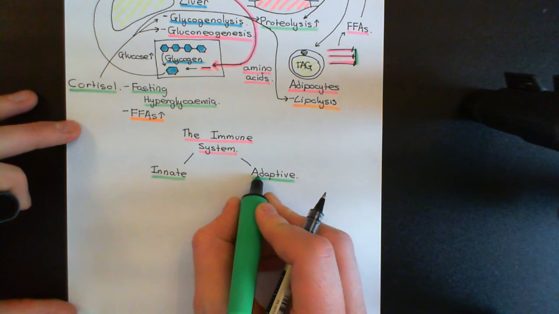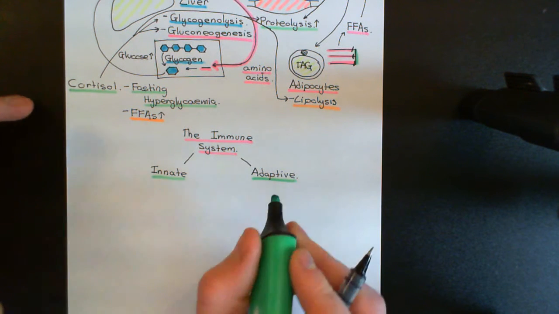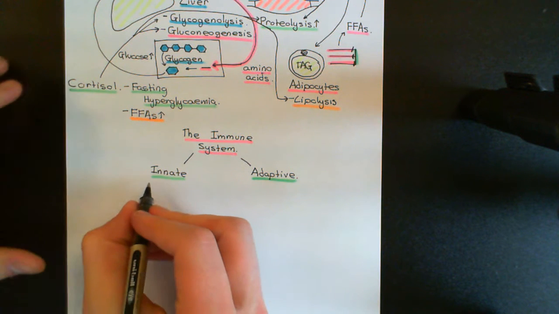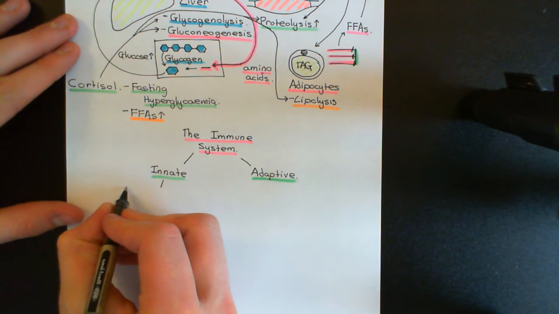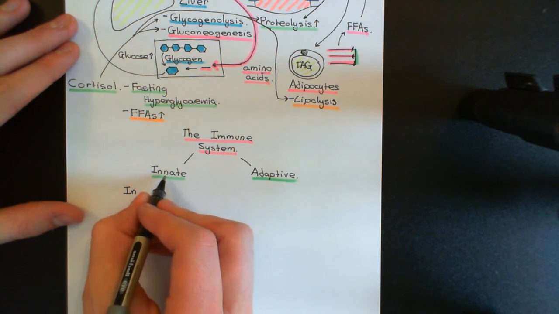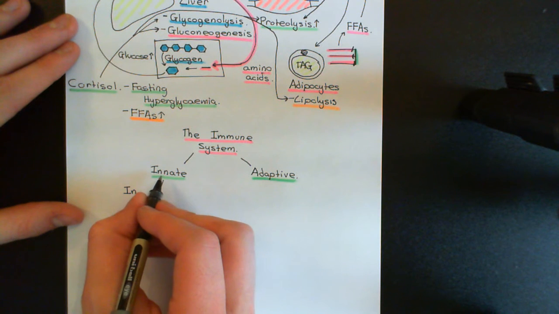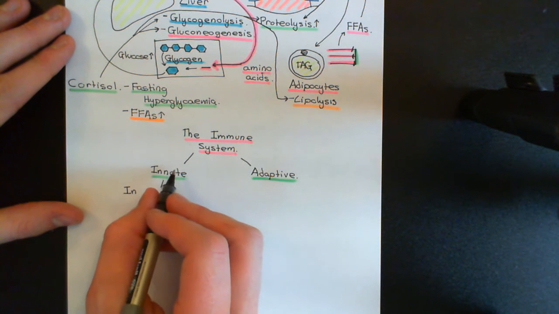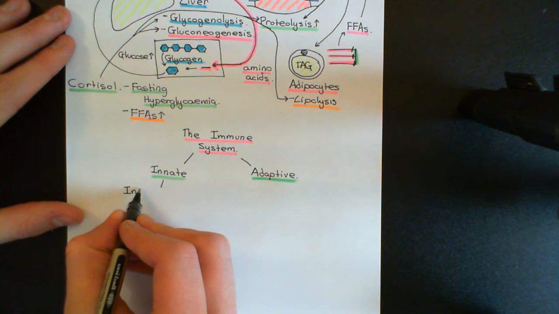So let me just go over briefly what the innate immune system and the adaptive immune system involve. So the innate immune system is all about the inflammatory response. I mean, people cluster other things like the mucociliary escalator and the acid in the stomach as well into the innate immune system, but we'll just talk about the inflammatory response.